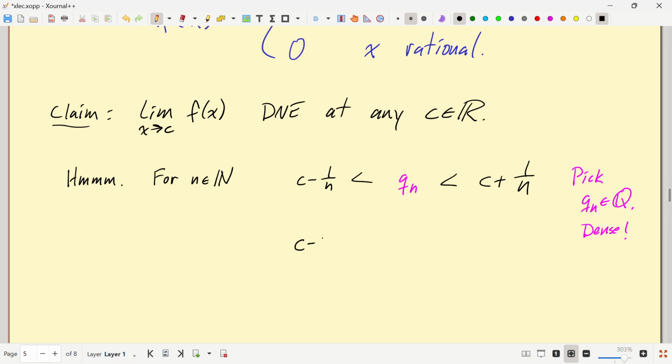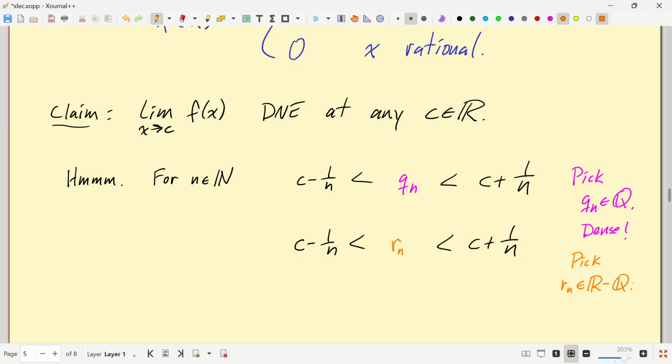I've got c minus 1 over n less than something less than c plus 1 over n. I'm going to pick an irrational number, I guess I can call it r sub n, which is real but not rational. So that's irrational.